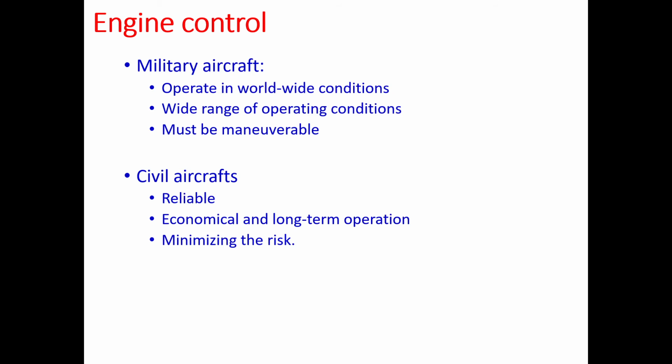And it has to be able to operate in a wide range of operating conditions, like low altitudes, high altitudes, in the mountains, snowy conditions, rainy conditions, or under the sun, a lot of different conditions. Because it is a military aircraft, it has to be durable, it has to be able to fly to different locations. And also the most important part is that it must be maneuverable. Right? Maneuverability is very, very important.